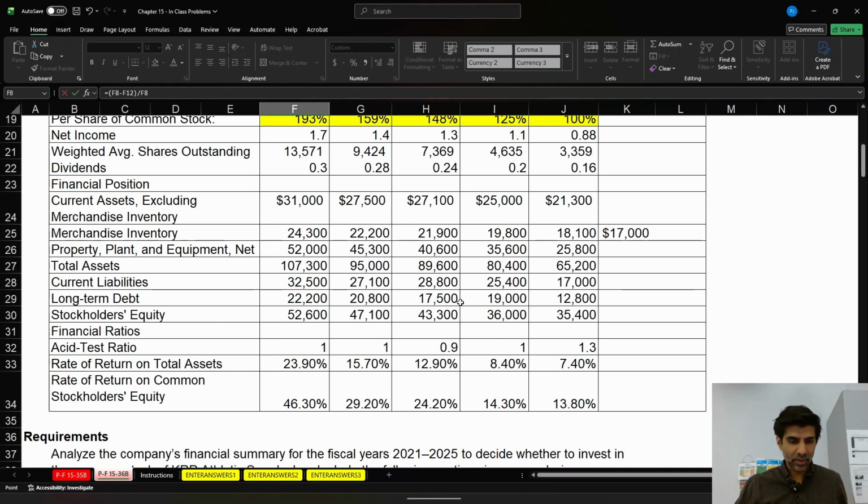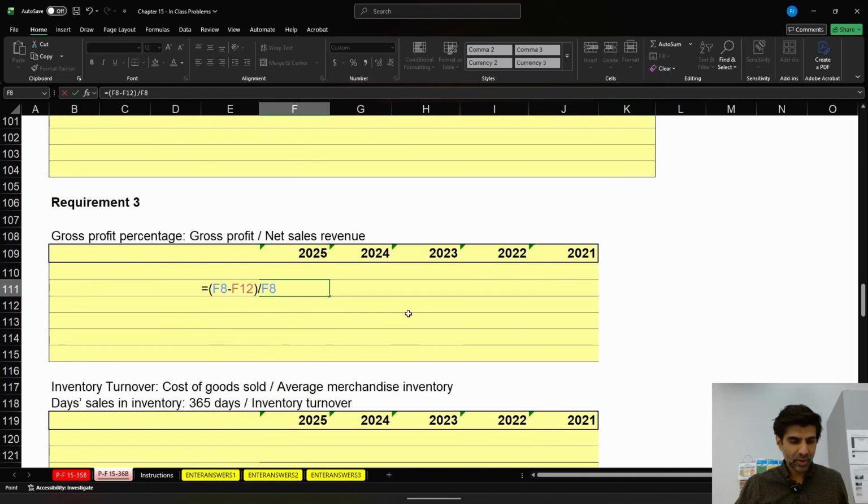Again, the formula is F8 minus F12, which is your net sales revenue minus your cost of goods sold. That's going to show you how much gross profit you generated, and you're going to see how much that profit is in proportion to the total net sales revenue.